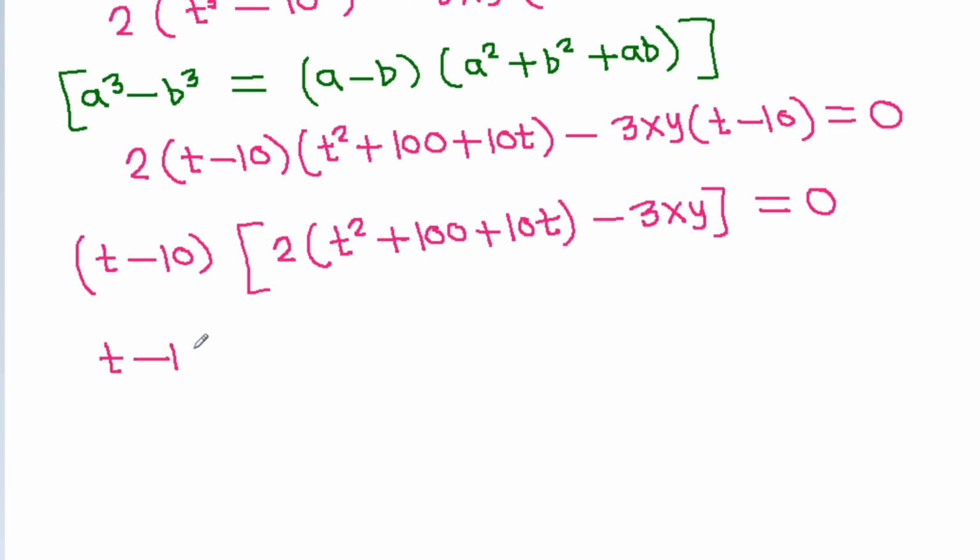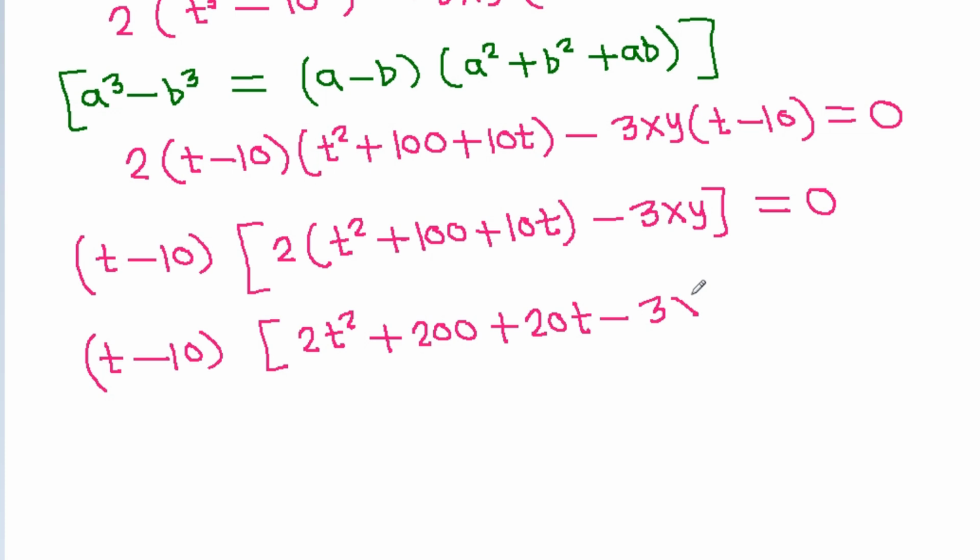And it is t minus 10 times 2t square plus 200 plus 20t minus 3xy is equal to 0.